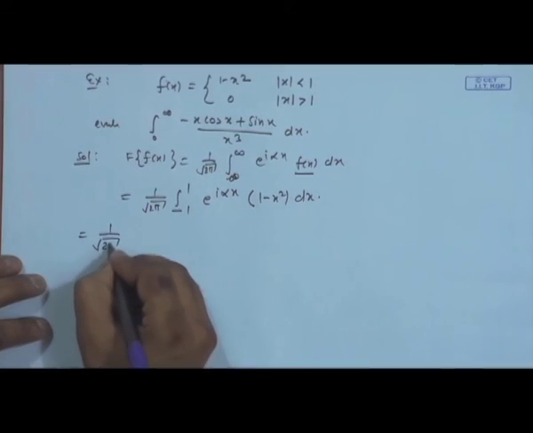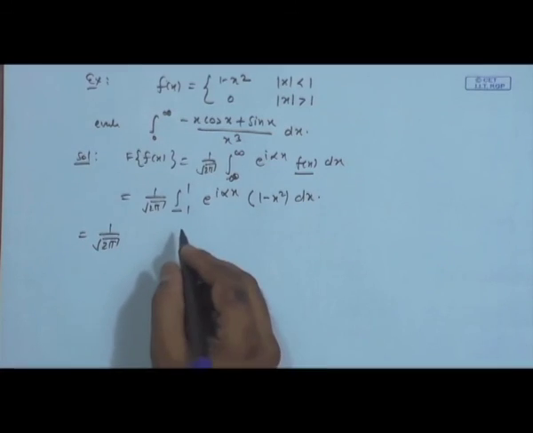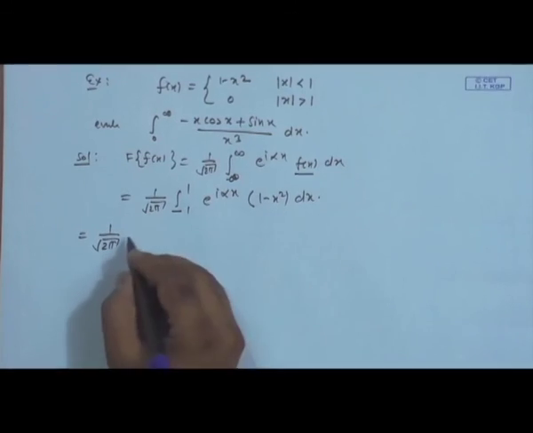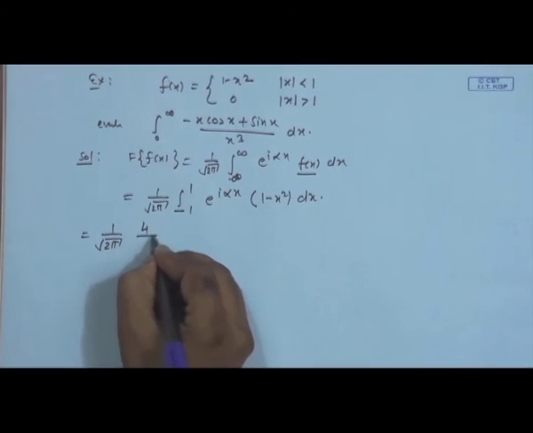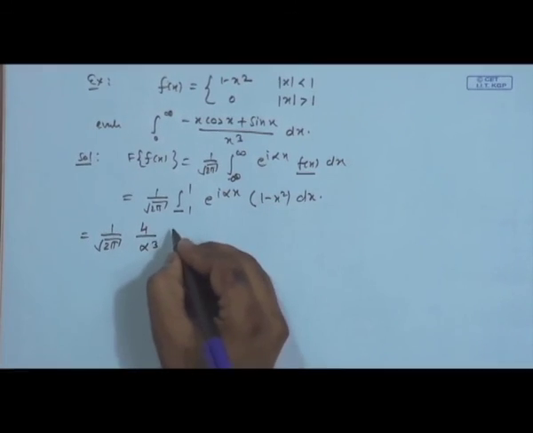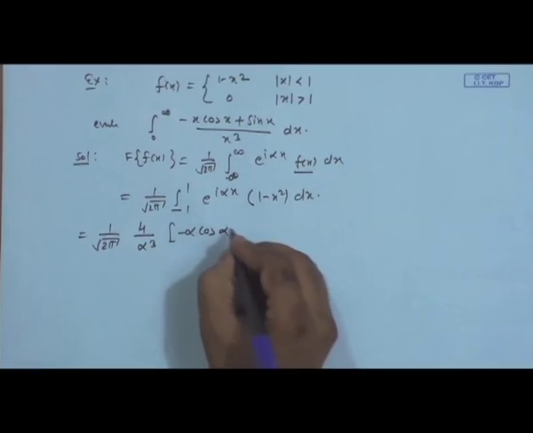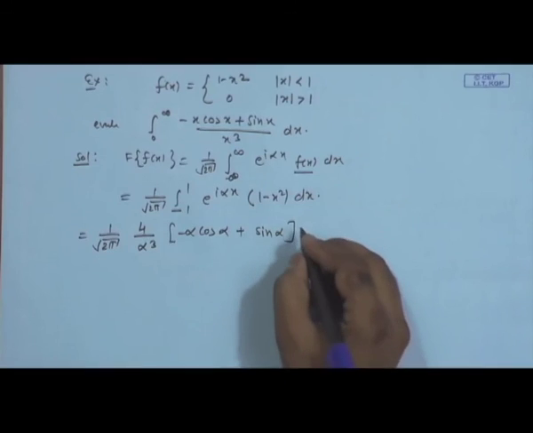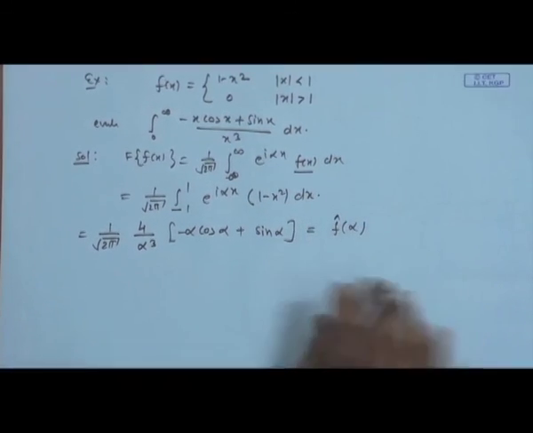So 1 over square root 2 pi, and this we can integrate and we will get at the end, so I am writing just directly the value. So we will get 4 over alpha cube and minus alpha cos alpha plus sin alpha, and this is f hat alpha.